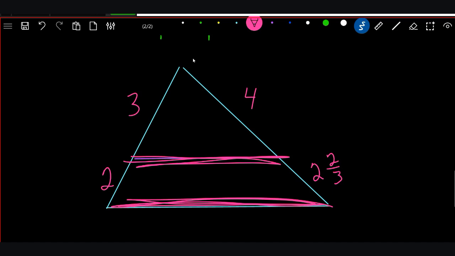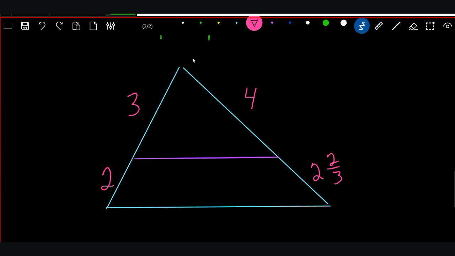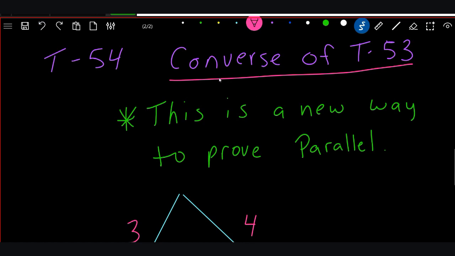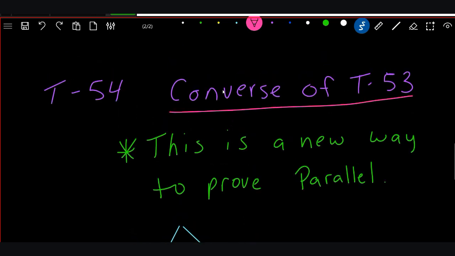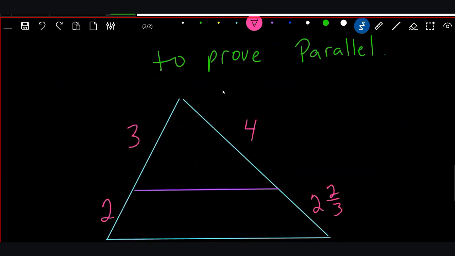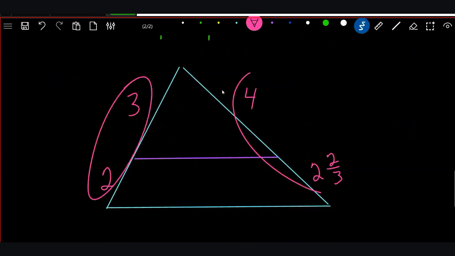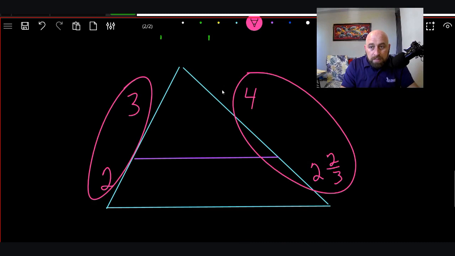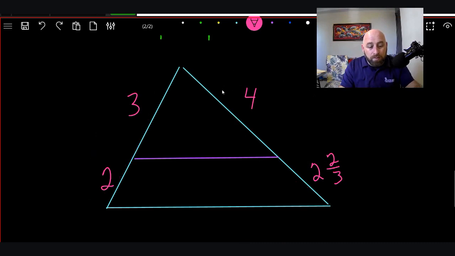It has to be. So we can prove that lines are parallel. This is a new way to prove parallel lines. We've had like 2 or 3 different ways to prove parallel lines. Well, this is another way. You can prove parallel lines now with Theorem 54, and that says that if we have proportions here, if that's proportional, then the line is going to be parallel.